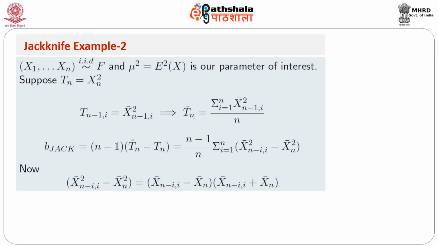On computation, this comes out to be summation i runs from 1 to n (x n bar minus xi) into ((2n minus 1) x n bar minus xi) by (n minus 1) into n. So, there is also an n.